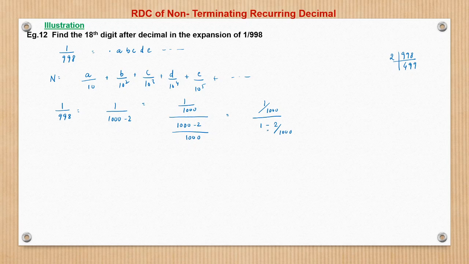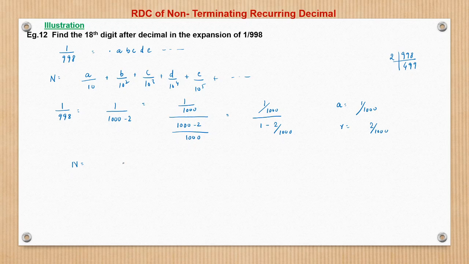So this is the summation of an infinite GP series where the first term is 1 by 1000 and the common ratio is 2 by 1000.